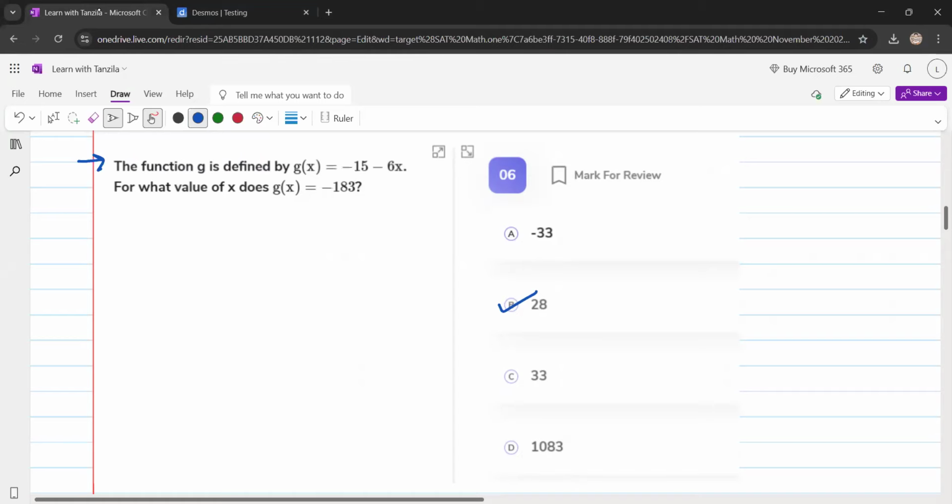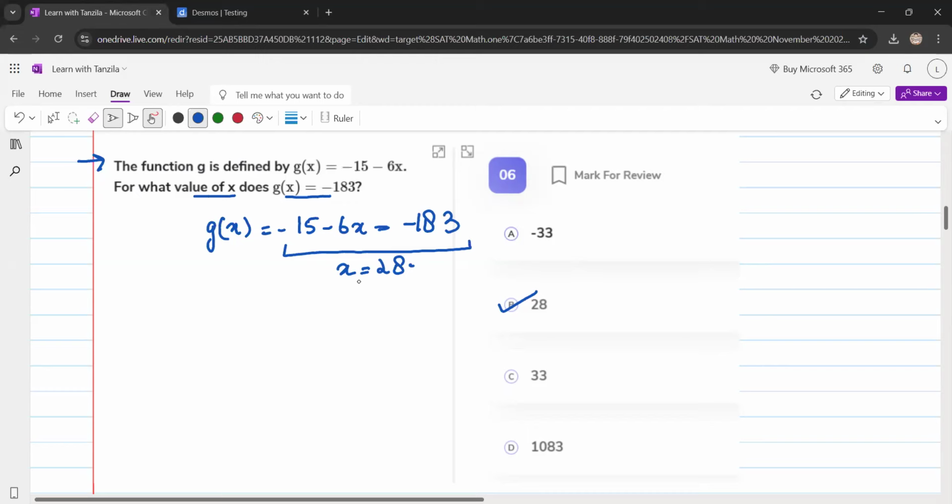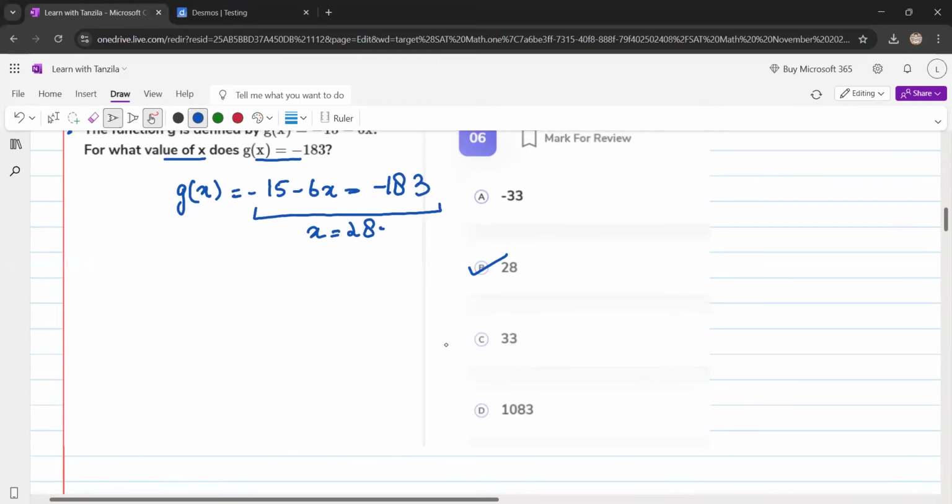What did I do? I just took the g of x, negative 15 minus 6x, and set it equal to this value, negative 183. I solved this part. I got x equals 28. That is what I wanted. I wanted the value of x when the whole thing is equal to negative 183.